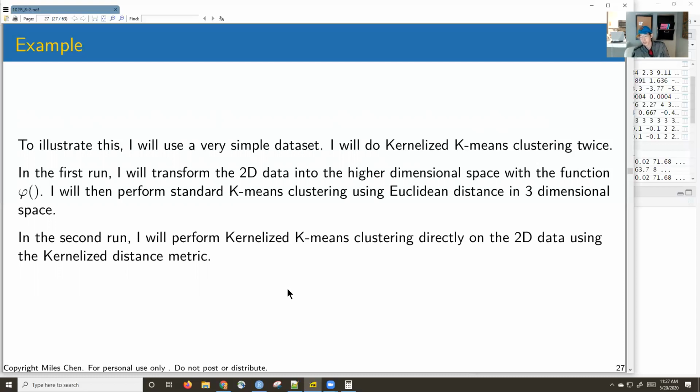The second time around, we are not going to apply the transformation function. We're going to use the kernelized distance formula, and we're going to find the distances to the kernelized centroids directly without finding the centroids themselves. So I'm going to do this twice, and you'll see it.